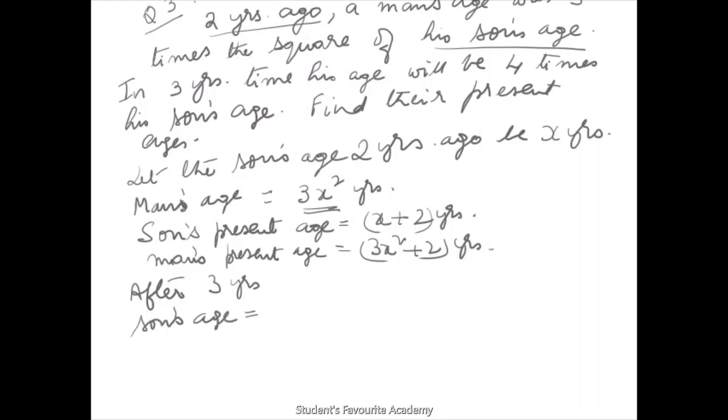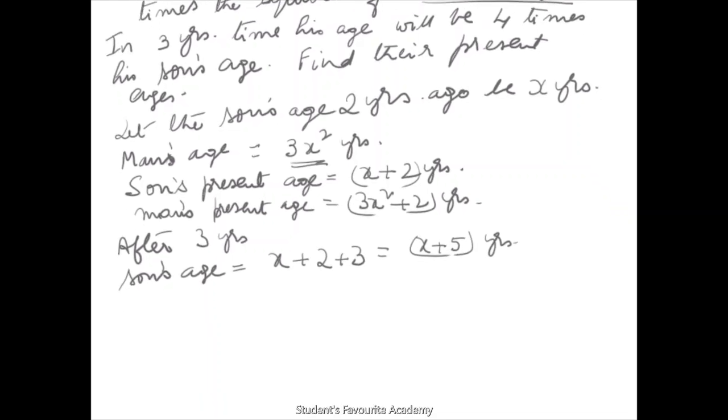Son's present age is x plus 2. So, x plus 2 plus 3, that is equal to x plus 5 years. And man's age will be 3x square plus 2 plus 3, that is equal to 3x square plus 5 years. Agreed?